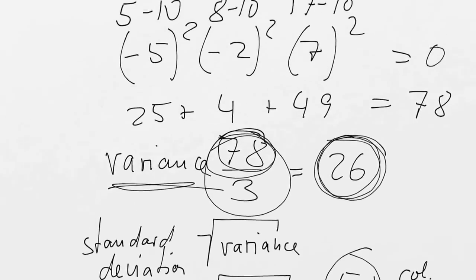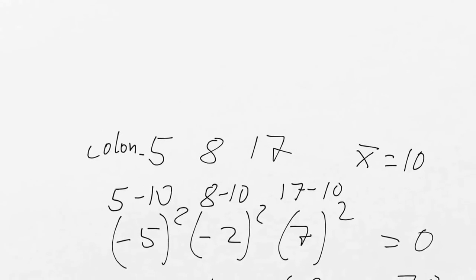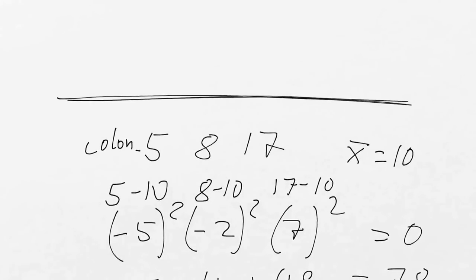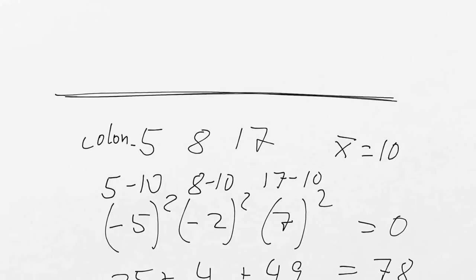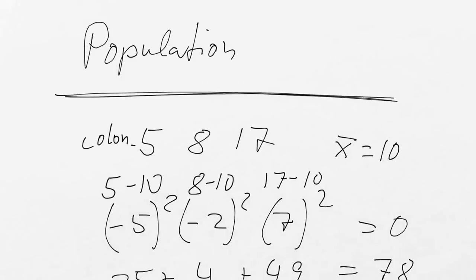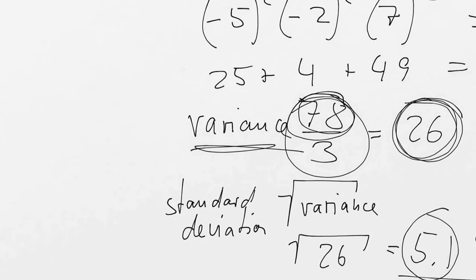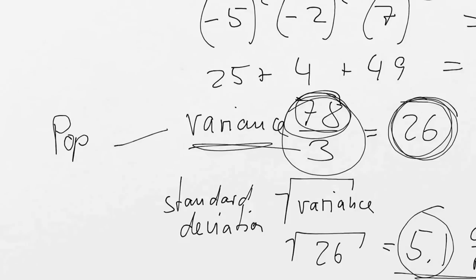When I look at this example here, I don't want to know the big picture. I just have these data points. So that is my population already. So what I have here is my population variance and standard deviation.